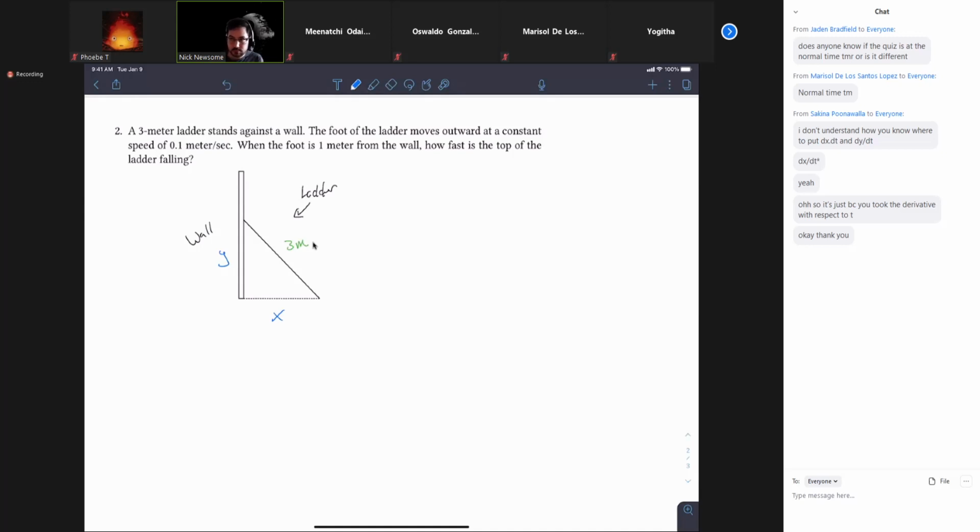We have a specific instant, this is where it is in our problem, but in general, I don't. So this is the picture we have. Now, when I stare at this picture, I see a right triangle, and whenever you see a right triangle, you should think Pythagorean theorem every single time.